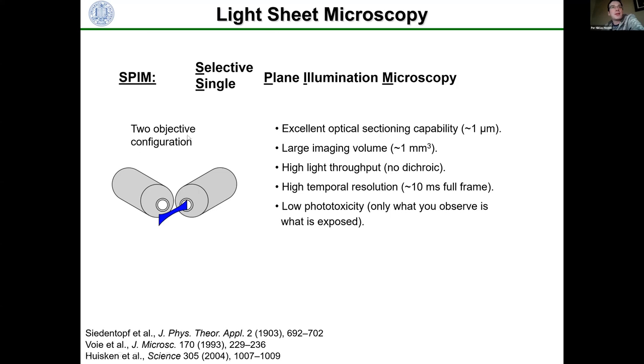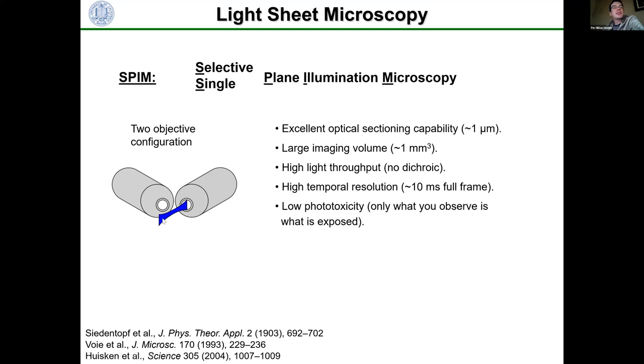I mean, there are some other implementations that use a single objective and some tricks to generate a light sheet, but most of them have two objective lenses. And the idea is that you have one lens where you collect your fluorescence, and then you have another lens, typically at a 90-degree angle, that generates the illumination in the form of a sheet of light.